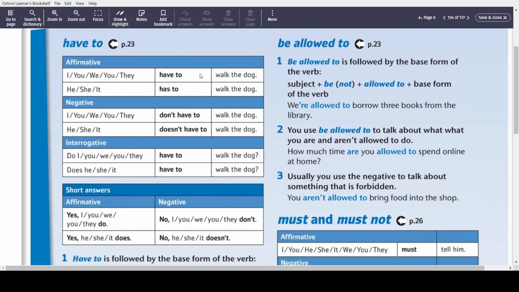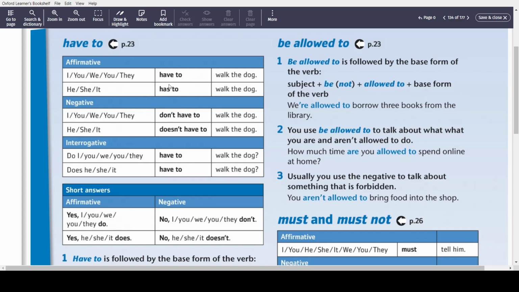And here we have the structure that we have to pay attention to. First of all, we are going to divide have to in 3 big groups: affirmative, negative, and interrogative. In each of these cases, we have to pay attention to the change between have to and has to.